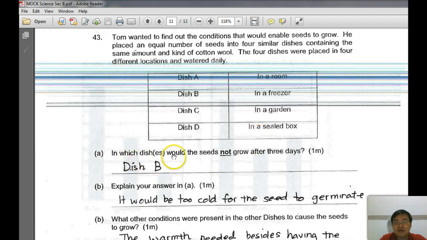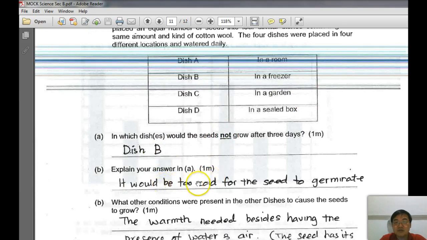Now in which of these dishes would the seed not grow after 3 days? Okay, the rest are probably similar to room temperature, or near room temperature, but the freezer is much colder, so dish B will not grow. Explain why: because it's too cold for the seed to germinate.